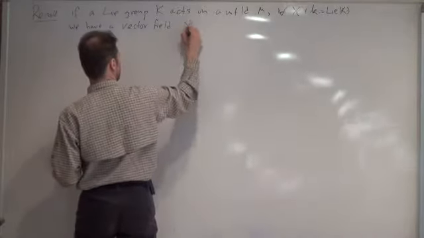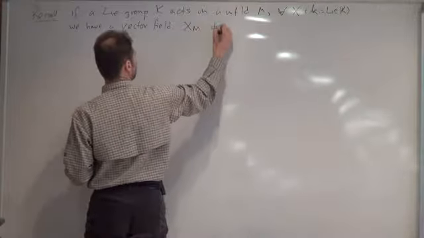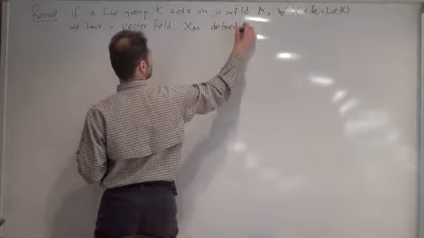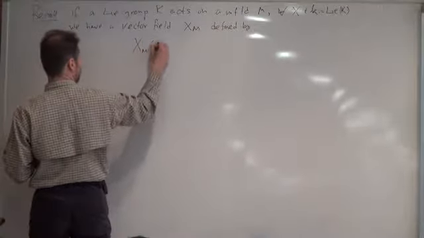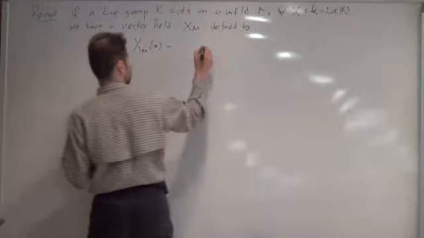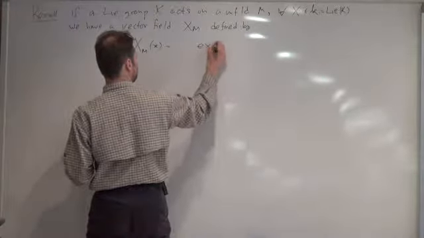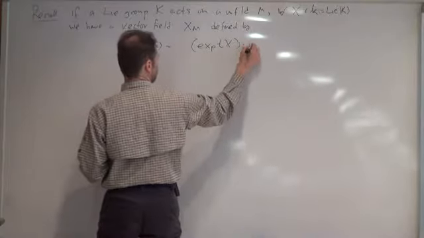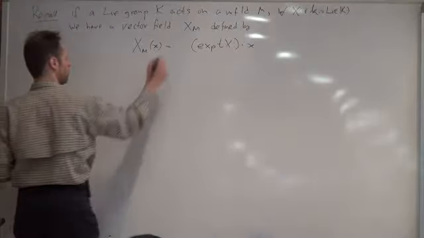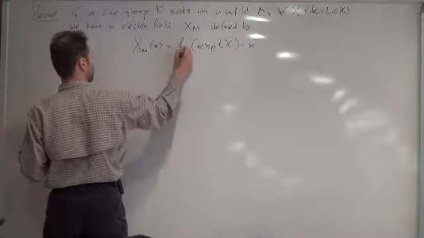Let me call it x sub m, defined by: if you want to know what it does at a point, you exponentiate the vector field, act on the point, you get a curve, and take the derivative at time 0.